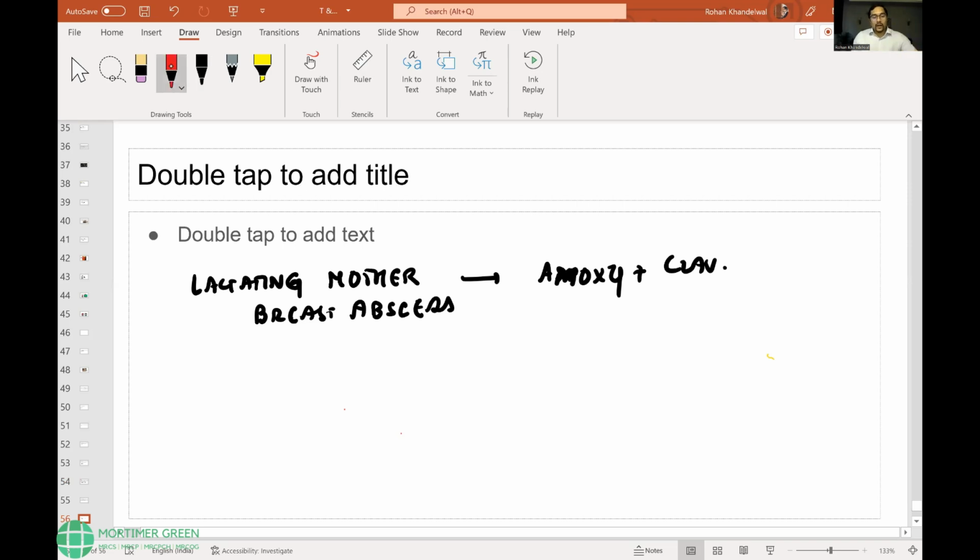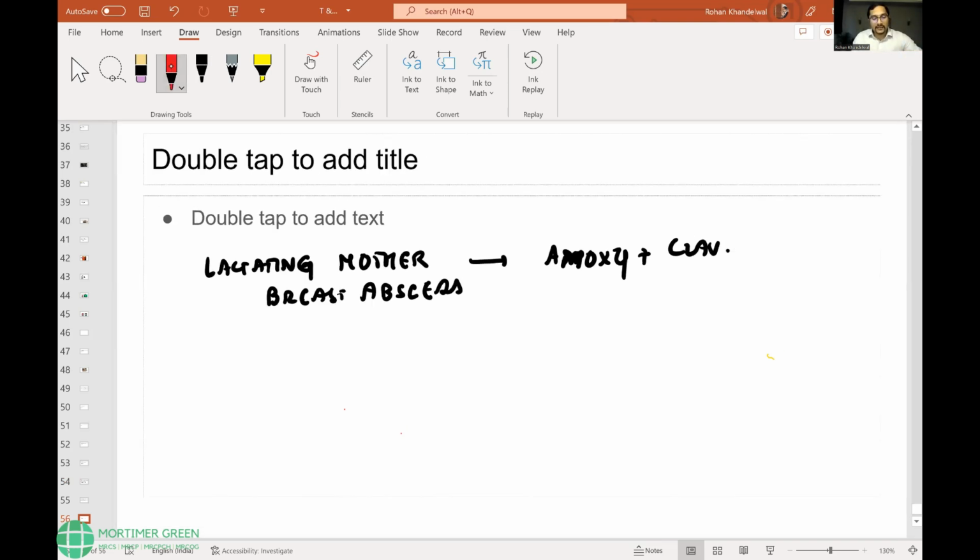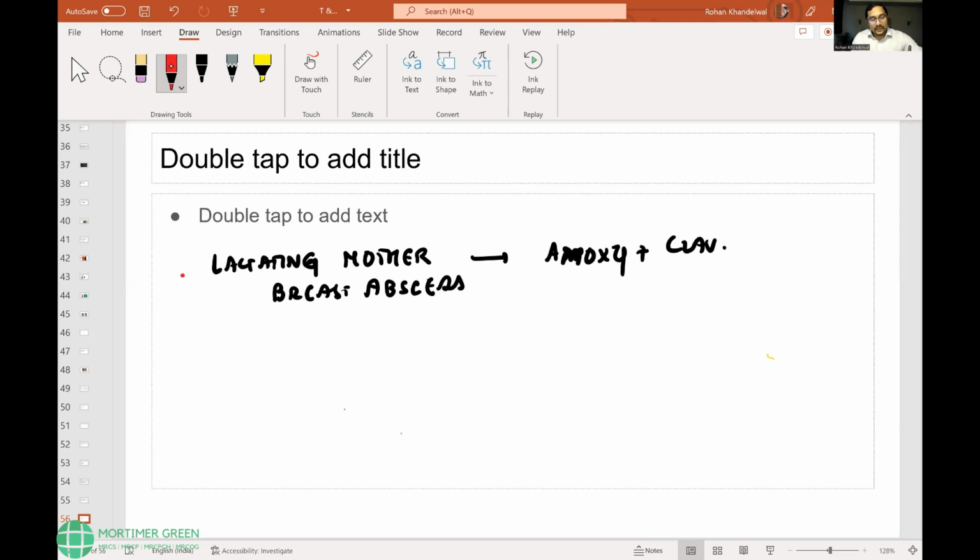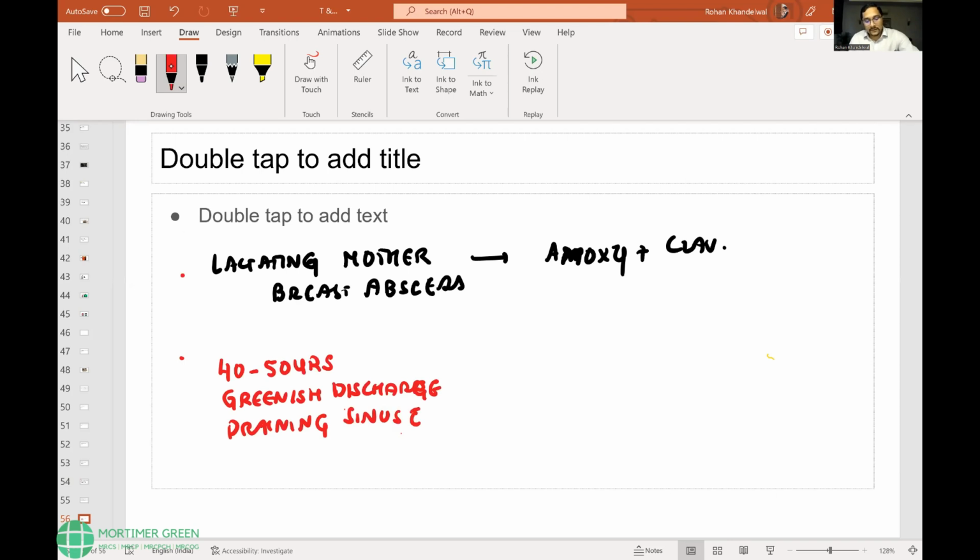But they ask one more question, and that question usually is that you will have a lady in her 40s to 50s, and she will come to you with greenish discharge, and you will have a draining sinus with pus close to the nipple.